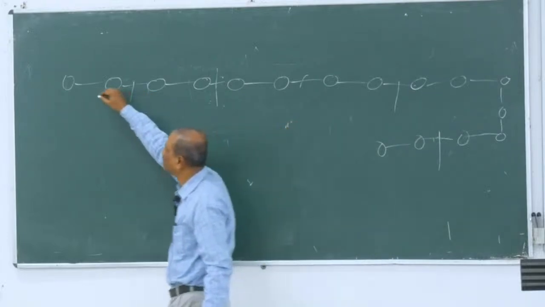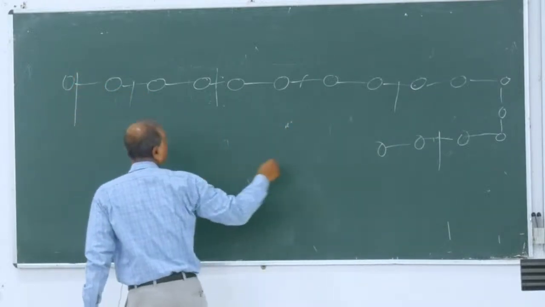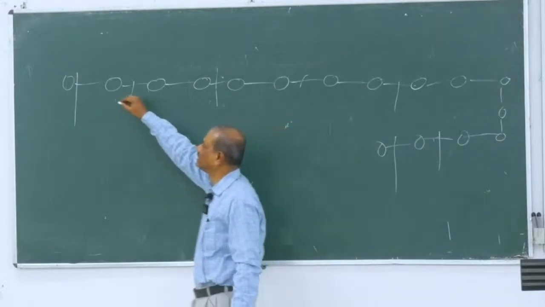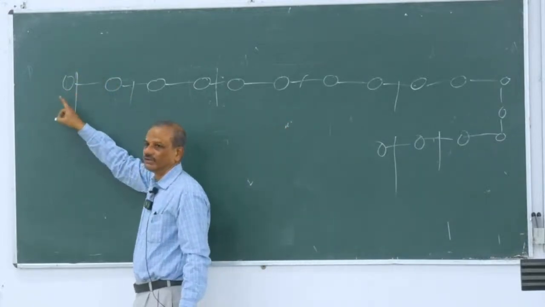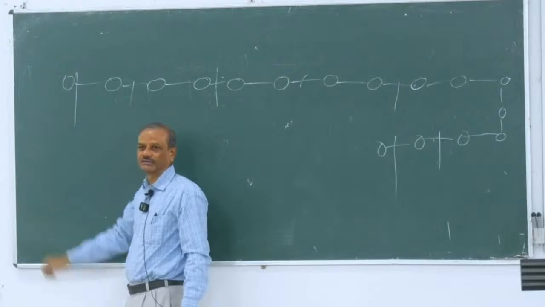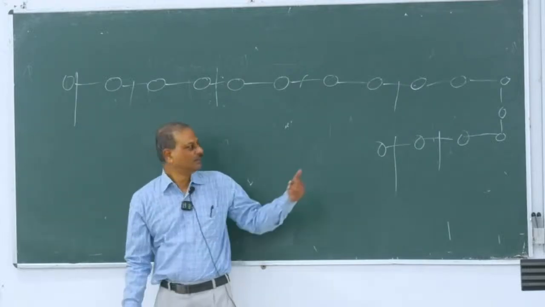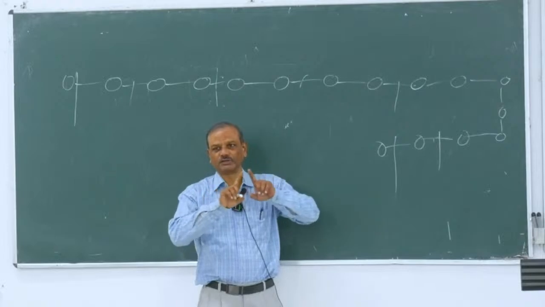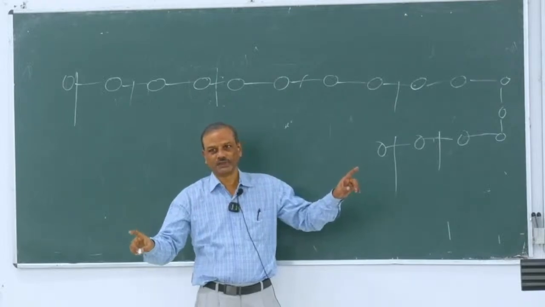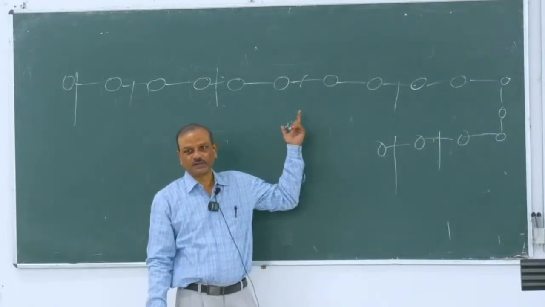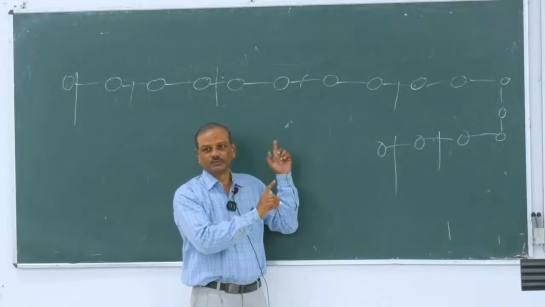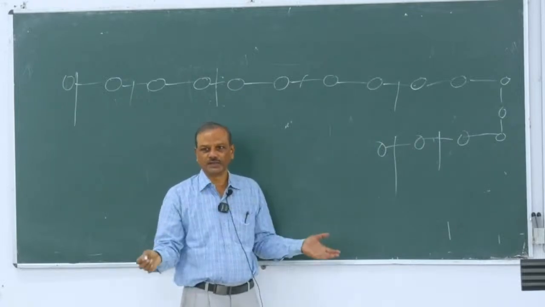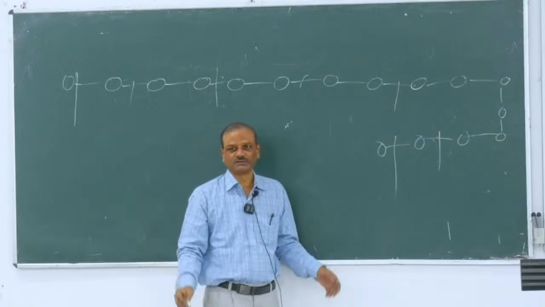And if it is from the terminal side, if it is from the amino side, it is aminopeptidase. If it is from the carboxyl side, it is carboxypeptidase. A single amino acid will be cleaved off. In contrast, these endopeptidases can cleave the bonds irregularly, and you will get variable lengths of amino acids.